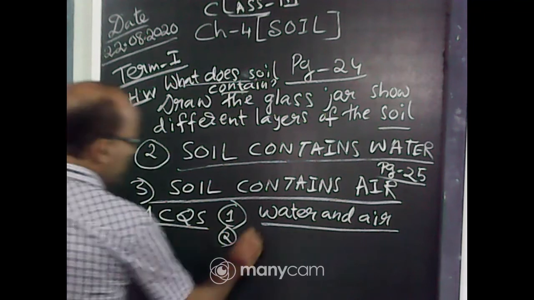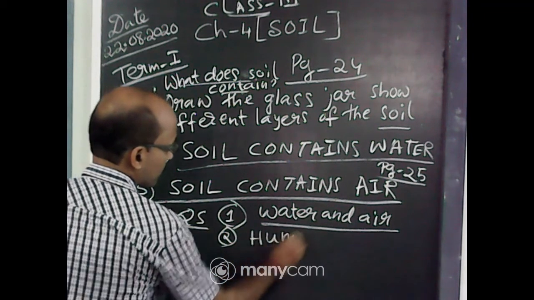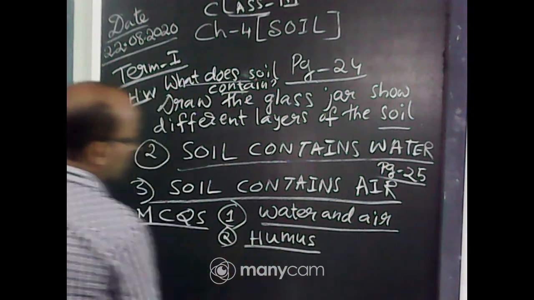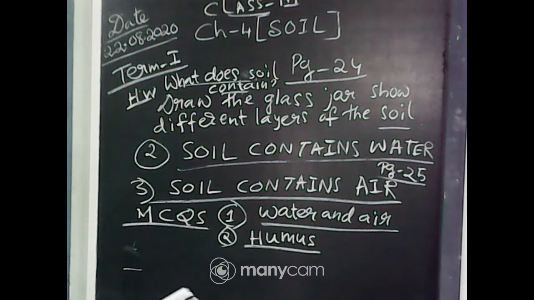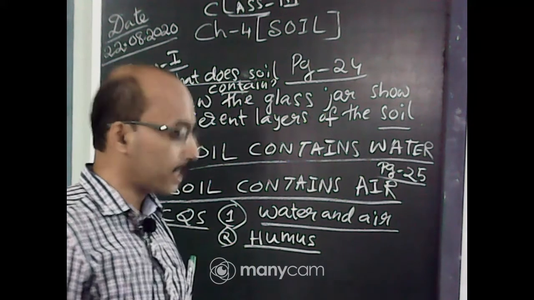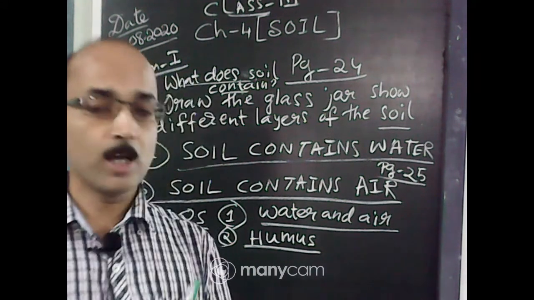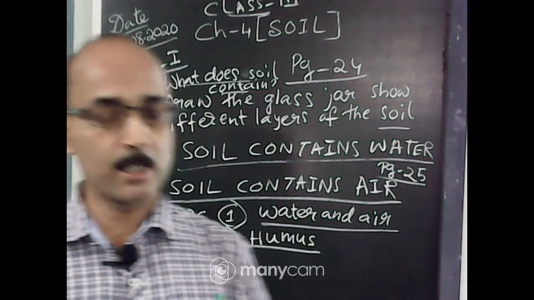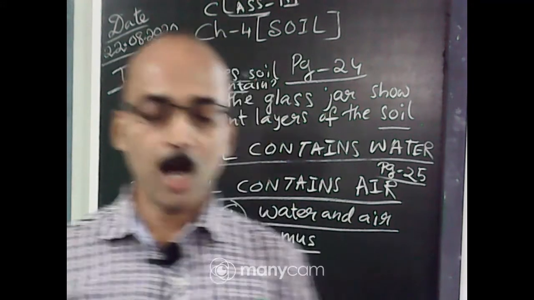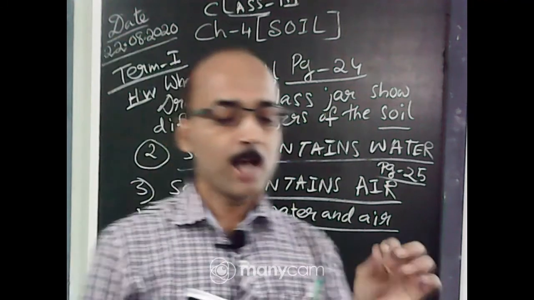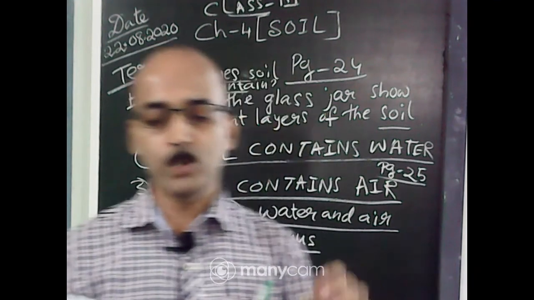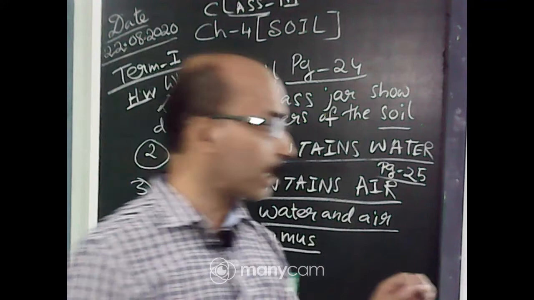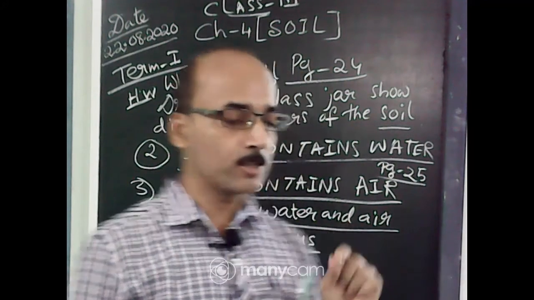So, it is humus. You will learn this, it is a very good one word answer. How can you do the one word here? I will just write: dead leaves, twigs and remains of dead insects are called what?